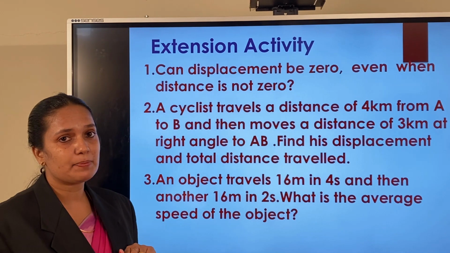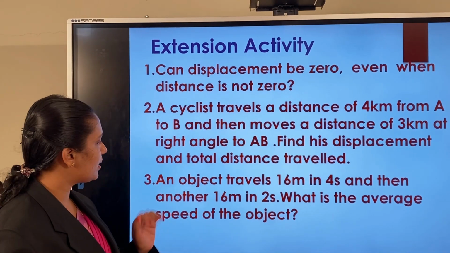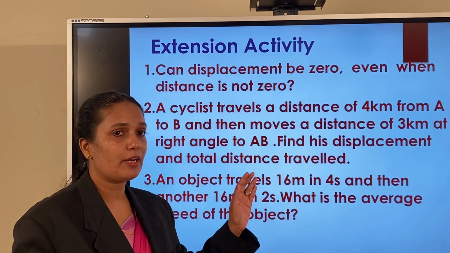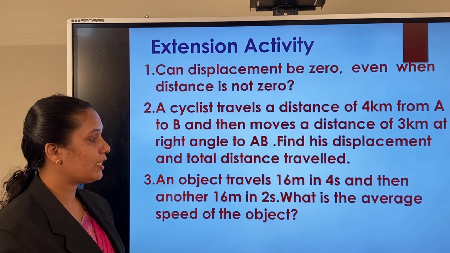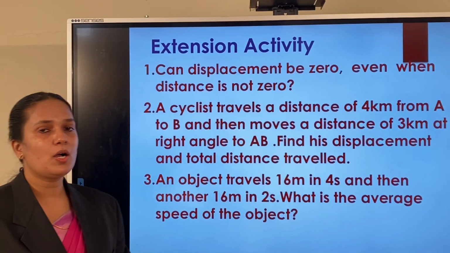Find his displacement and total distance traveled. Then last question, an object travels 16 meter in 4 seconds and then another 16 meter in 2 seconds. Then what is the average speed of the object?